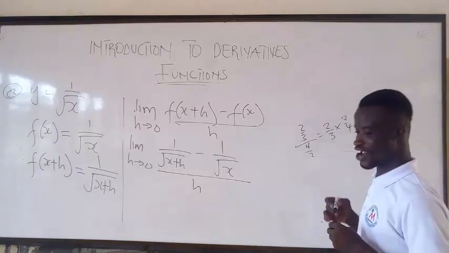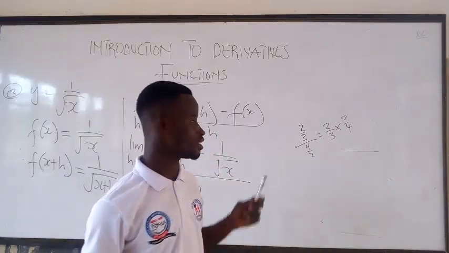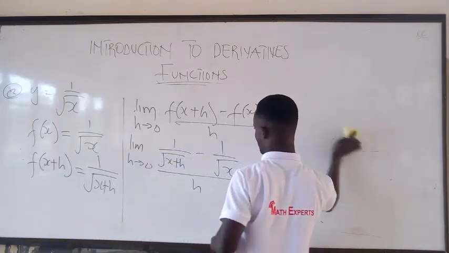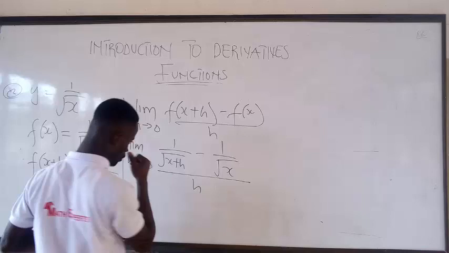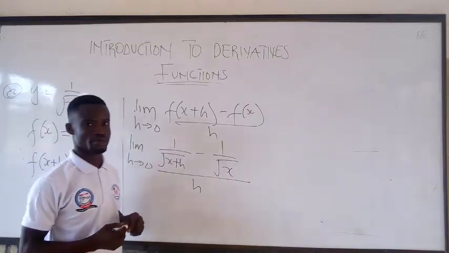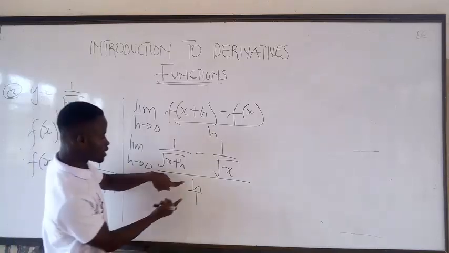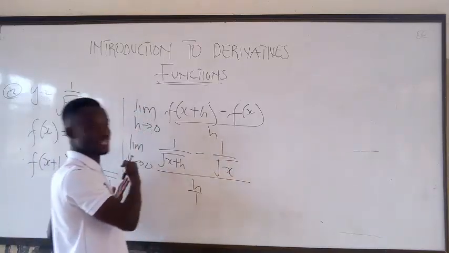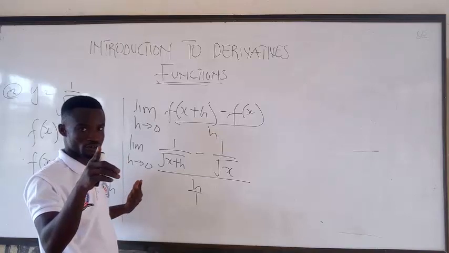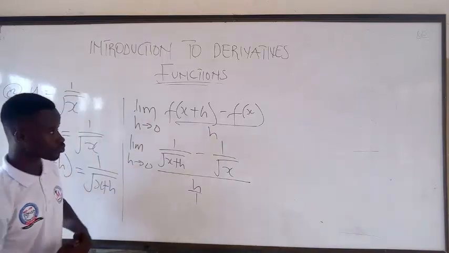You remember? Alright, so we are going to use the same idea here. You know here is the same as over 1. So we take the reciprocal to multiply the numerator. Don't be confused, please.